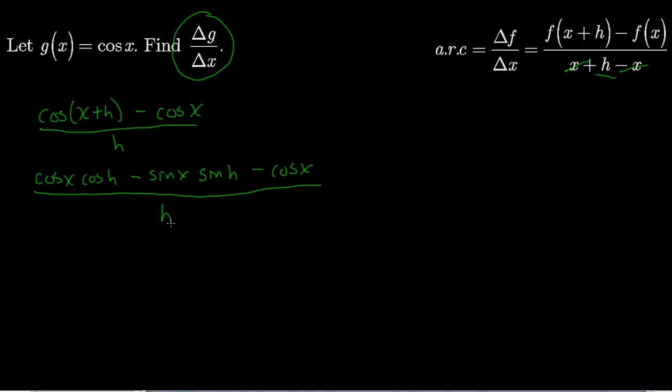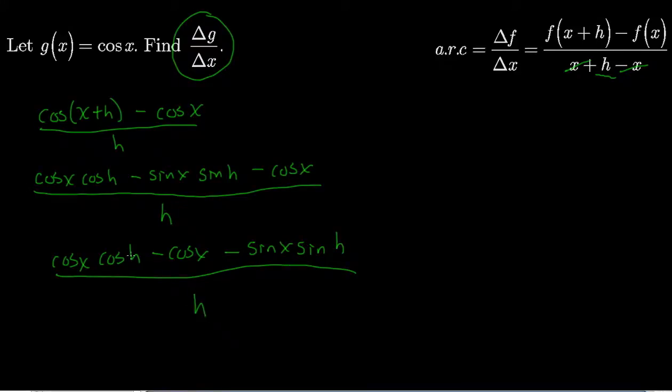Now, unlike the algebra examples and the function examples we did with the average rate of change, there's not much simplifying that I can do in this. I'm going to bring the two cosine x's near each other and factor: cosine x cosine h minus cosine x minus sine x sine h, all divided by h.